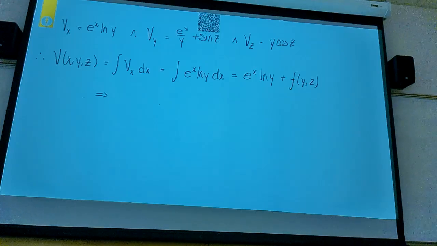Which one would be the easiest? Differentiate with respect to y.